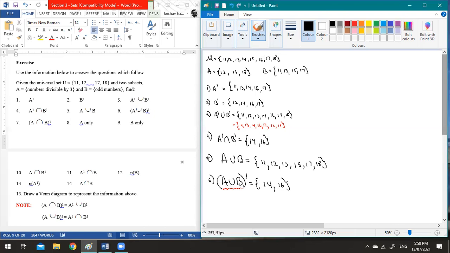And this is coming from the universal set. What you could do sometimes, if you need to cross out things, you could keep writing it in a corner somewhere: 15, 16, 17, 18. And when you want things on the outside, you just cross out what you have. So you have 11, 12, 13, 15, 17, 18. And the ones that you have remaining will be the ones that are outside the set. That's one way of doing it.